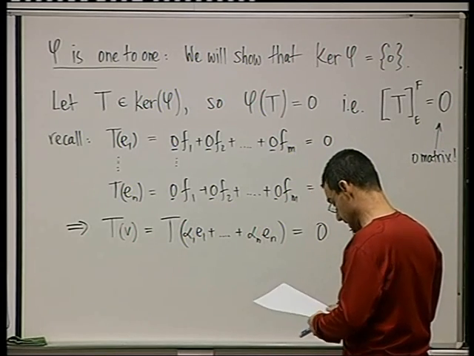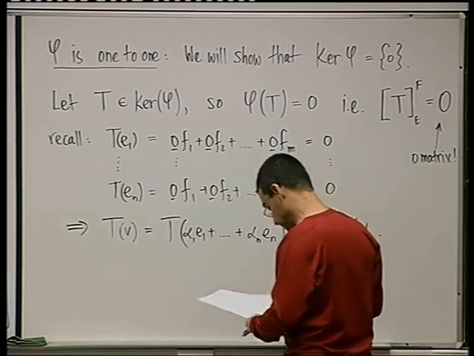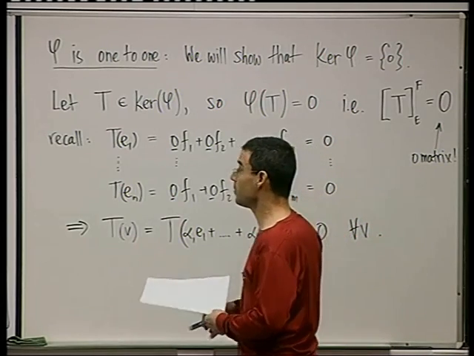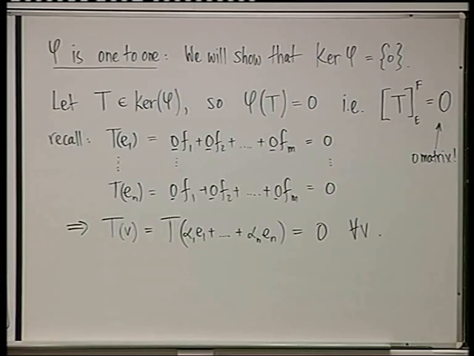We need to prove that it's onto. And again, it's rather straightforward once you know what you want to write. Okay, so phi is onto.